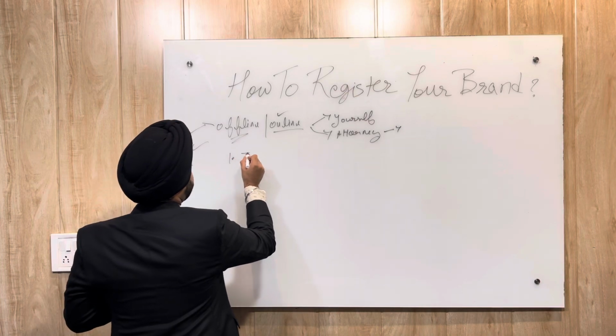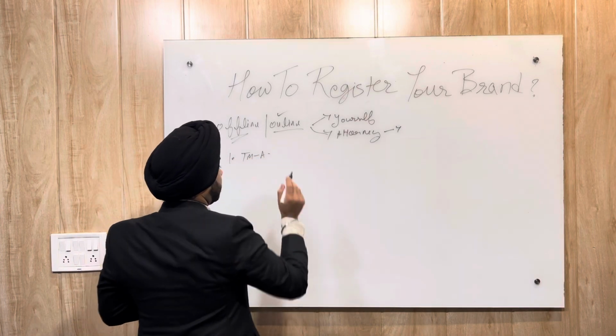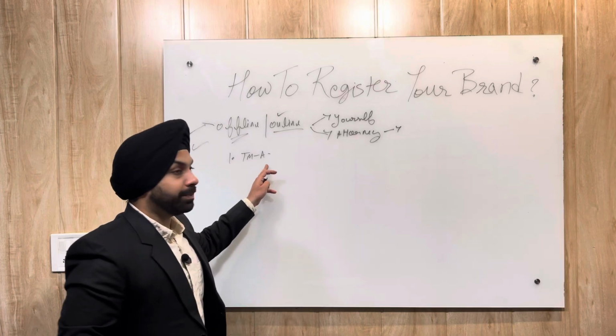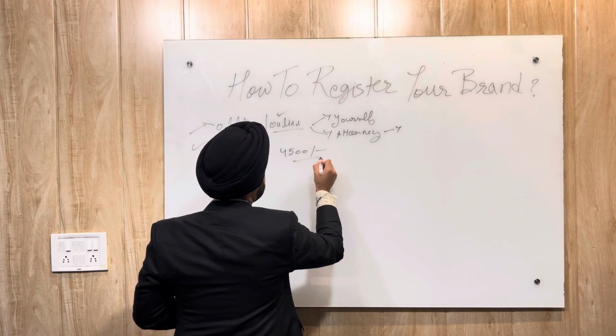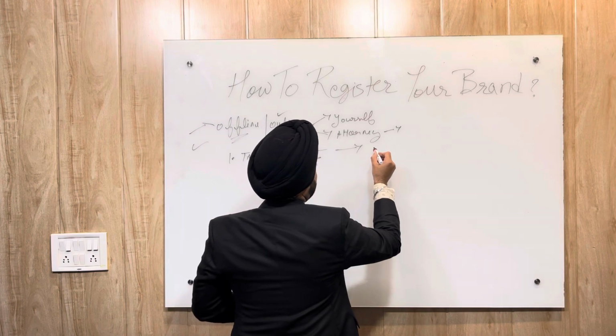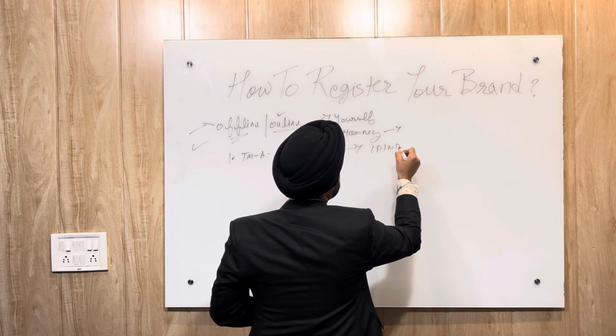The form is TM-A, also known as the trademark application. In this, the government fee is 4,500. You will apply on the online portal of IP India.